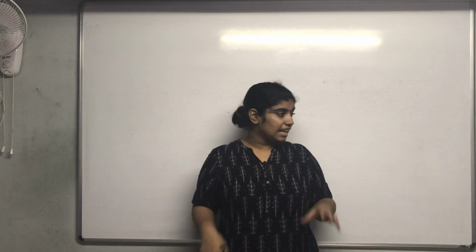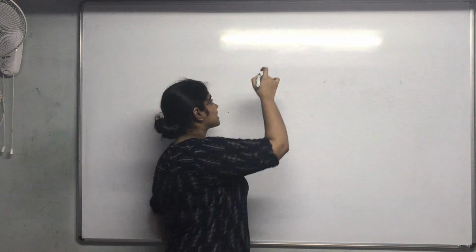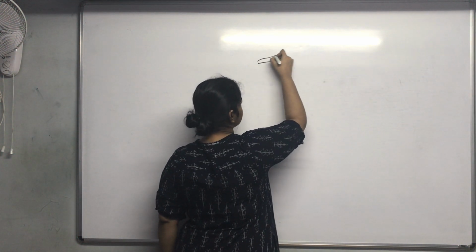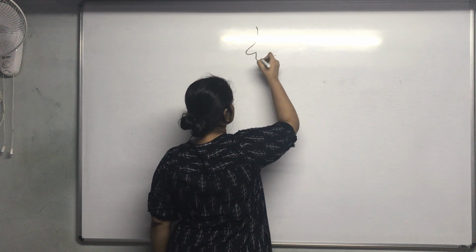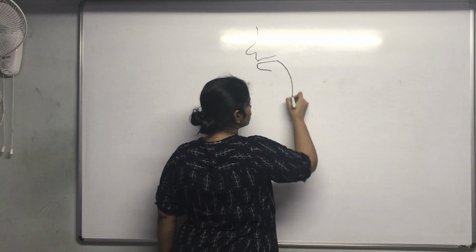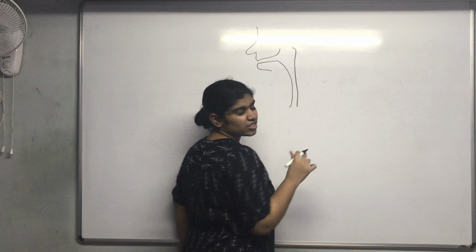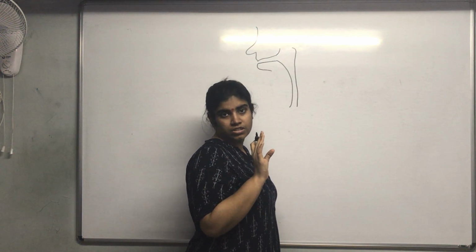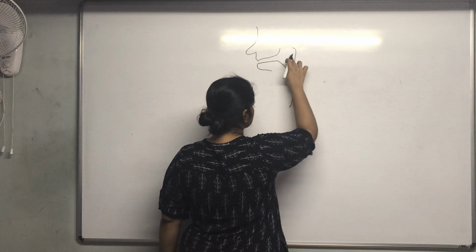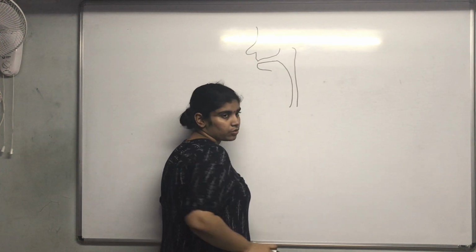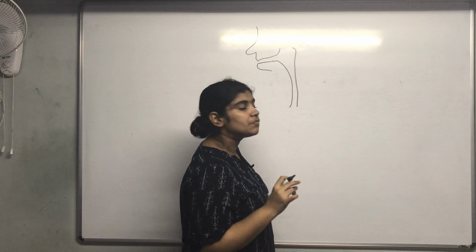Okay, so that is the passage which starts from the oral cavity, that is the mouth. I'm just targeting the nutrition system. Fine. So it starts from the oral cavity, it comes up to the mouth. From the mouth there is a thin tubular structure known as the esophagus.